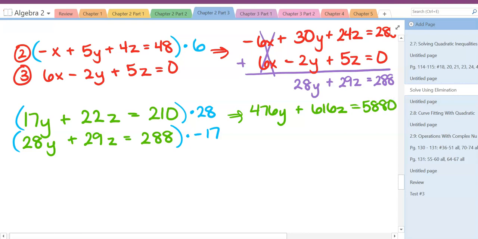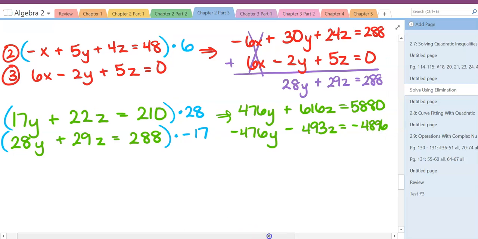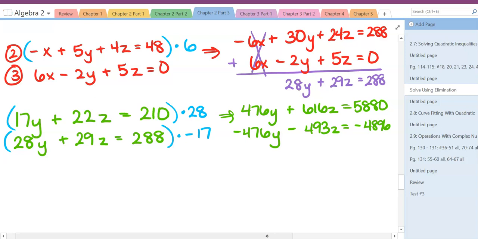The bottom equation says negative 476y minus 493z equals negative 4,896. And again, I'm just multiplying 28 into everything, negative 17 into everything. So right now they look pretty massive, these numbers, but they do really simplify down nicely.